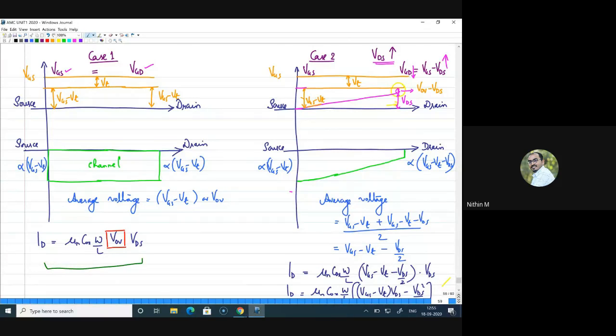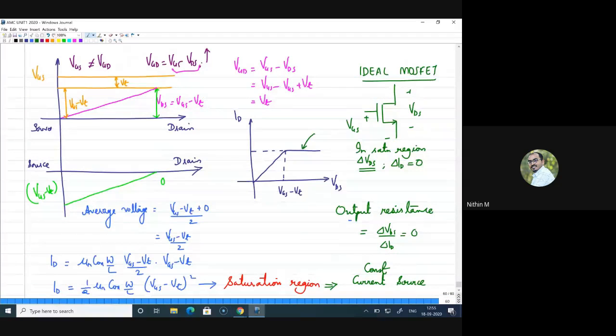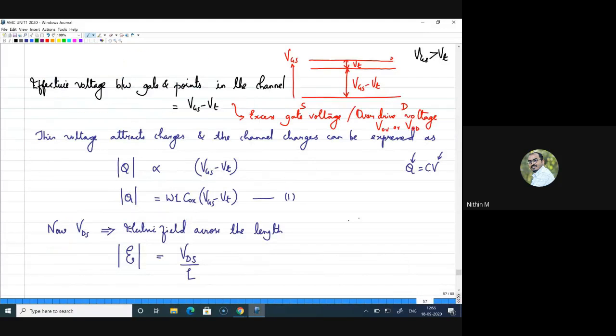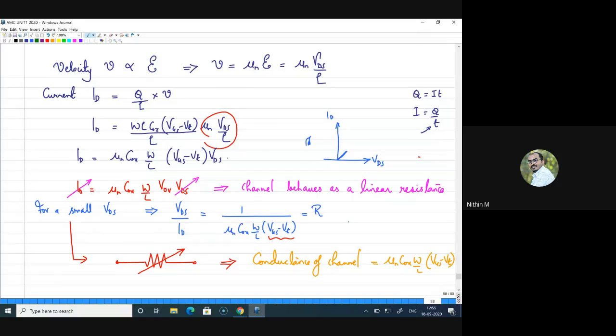Then as we keep on increasing VDS, depending on that, how your channel charges will be altered and how the average voltage is getting modified, we arrived at the linear region current equation, and finally the saturation region current equation. Everything started from the basic device physics equations: how to write charge, how to write electric field, and how to write drift velocity.